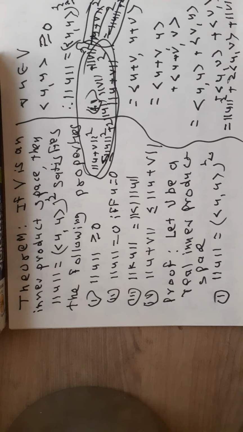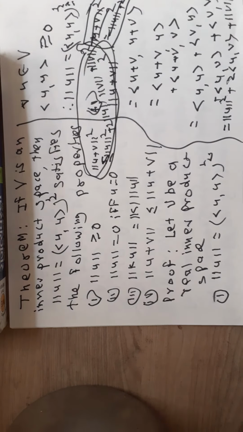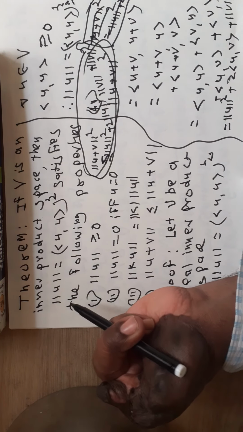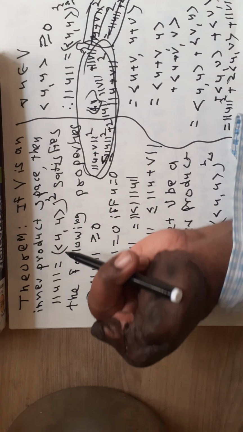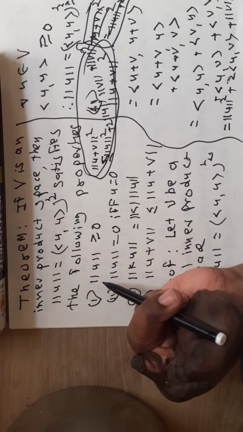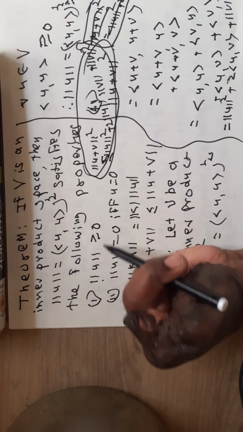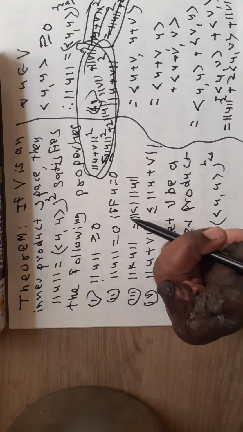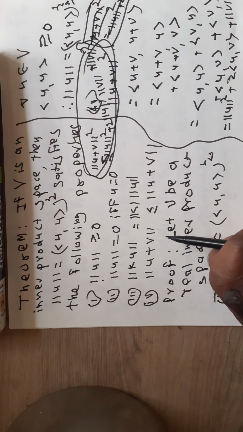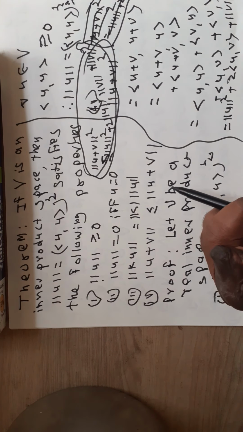Now see here, we prove that if V is an inner product space, then norm of u equal to angle bracket u comma u raised to power half satisfies the following properties: norm of u is greater than or equal to 0; norm of u is equal to 0 if and only if u is equal to 0; norm of ku is equal to mod of k times norm of u; and norm of u plus v is less than or equal to norm of u plus norm of v.